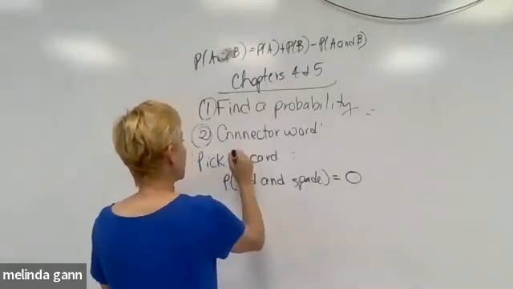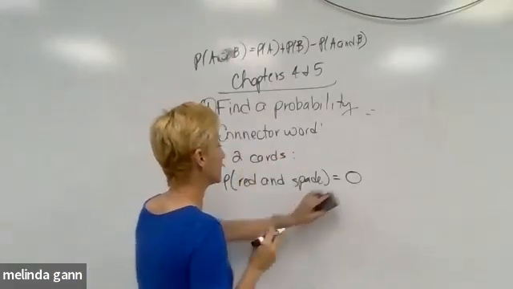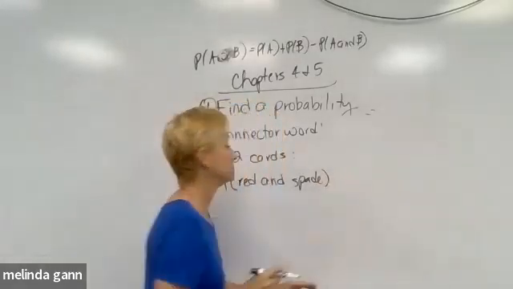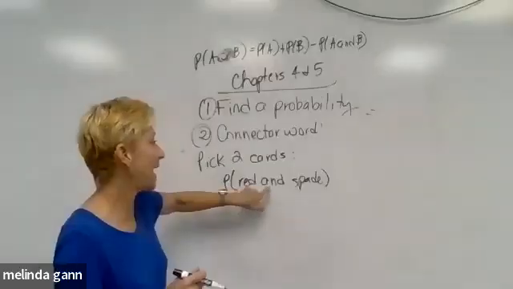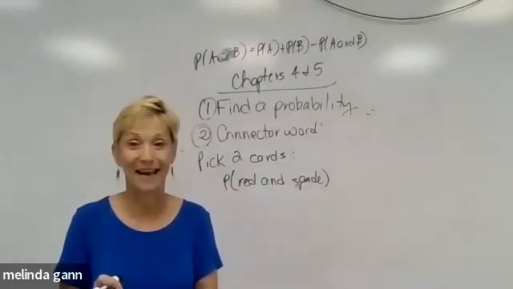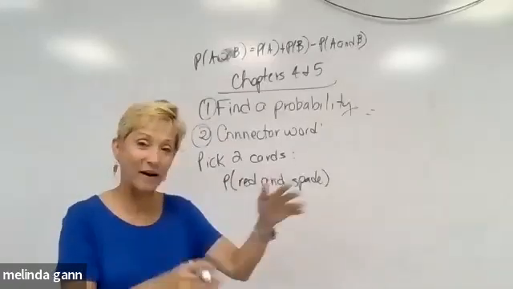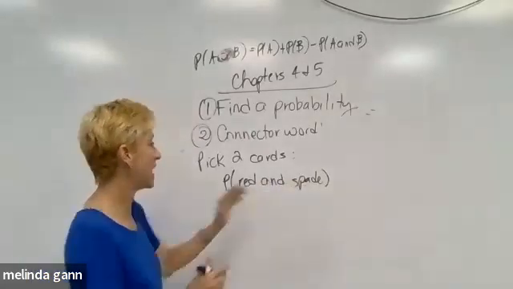Now, if I go back to pick 2 cards, now ask yourself, is it possible? Is it possible to get a red card the first time and a spade the second time? What's the answer? Yes. Then grab the formula. And order matters. They want this to happen first and this to happen second.